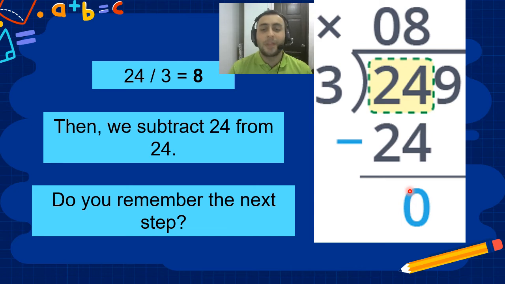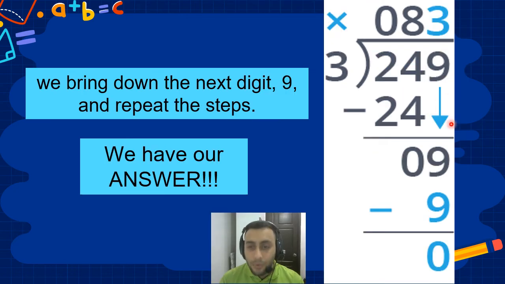Very good. Now let's go to the next digit. But before we do that, let's bring it down here. Okay? So, how many 3's are in 9? Too easy. There are 3 3's in 9. So 3 times 3, 9. 9 minus 9, 0.